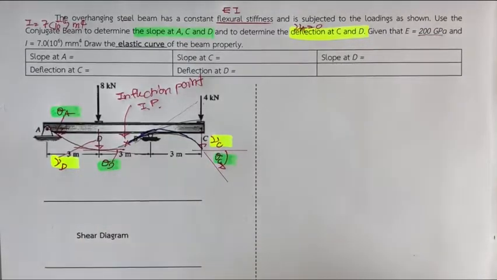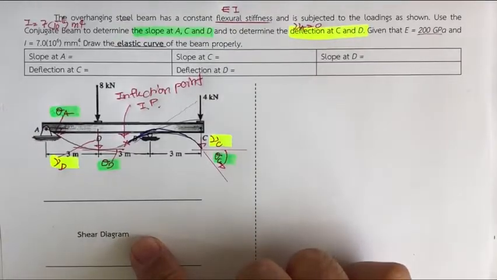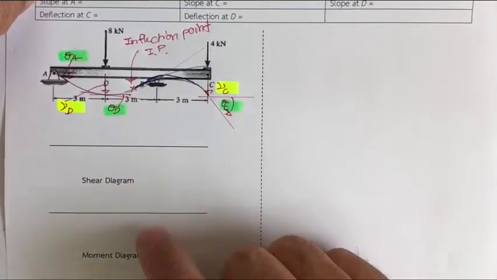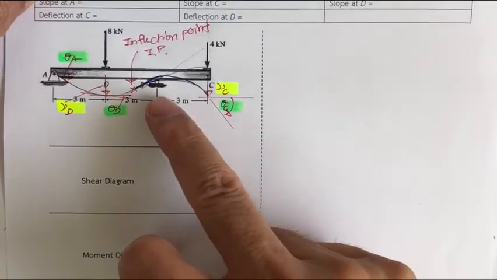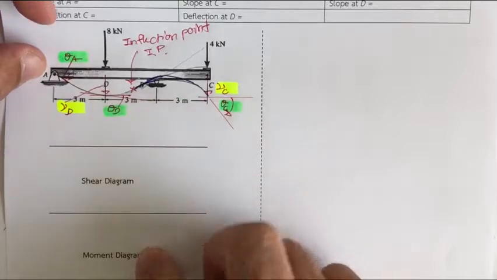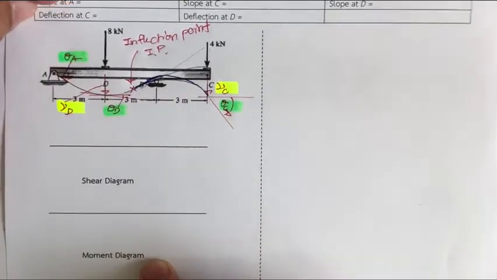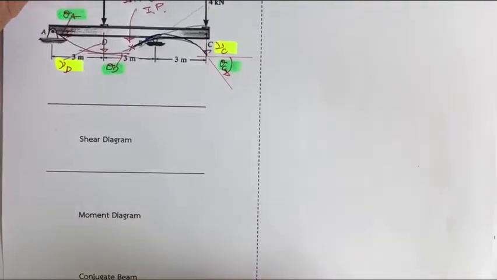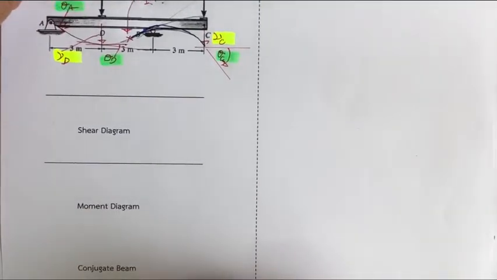We're going to draw the shear diagram. We're going to draw the moment diagram. Before we can draw the diagrams, we have to find the reactions at A and B. Okay, and after you get the moment diagram, you can convert it into the elastic weight. And finally, you can draw the conjugate beam.